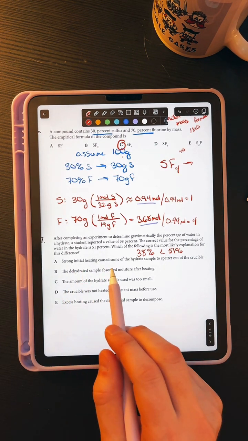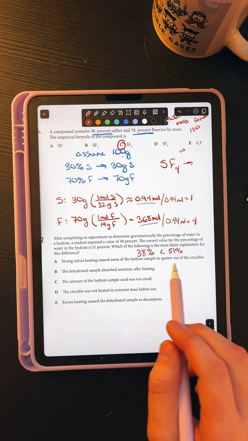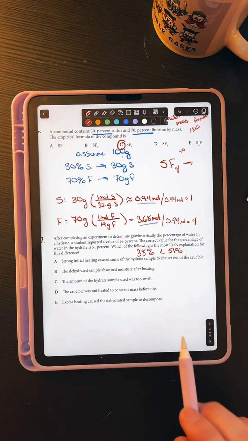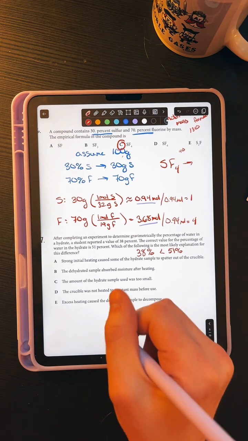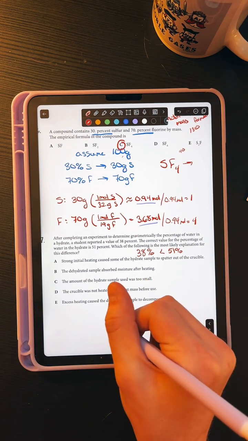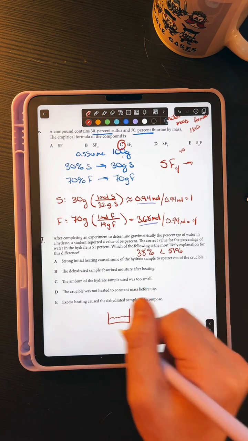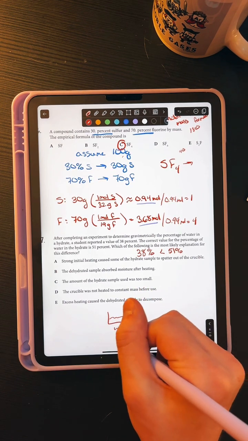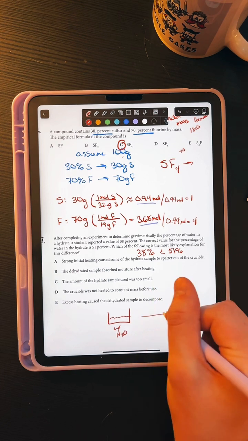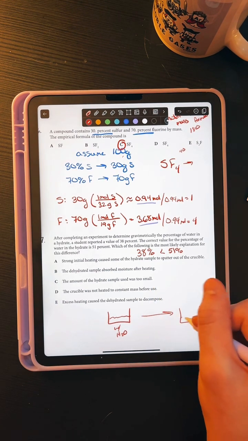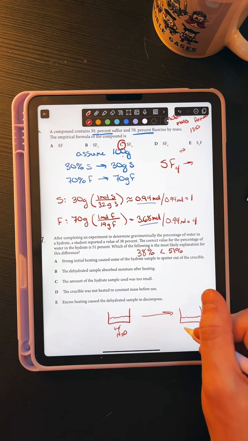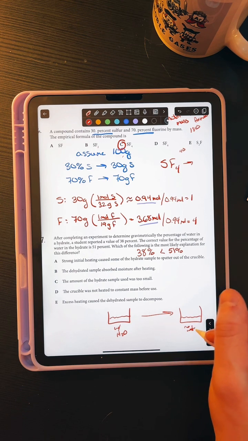Strong initial heating caused some of the hydrate sample to spatter out of the crucible. So let's think about that. If we have our sample in here in a crucible and we took the weight of it, so this is with water, and then we have another sample here, this is after drying, so no water.